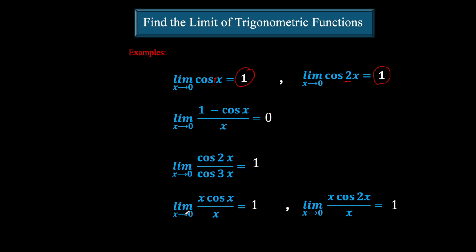Finally, limit as x approaches 0 of x cosine of x over x is equal to 1. And another example, limit as x approaches 0 of x cosine of 2x over x is equal to 1. So no matter what you have as a coefficient for x here.